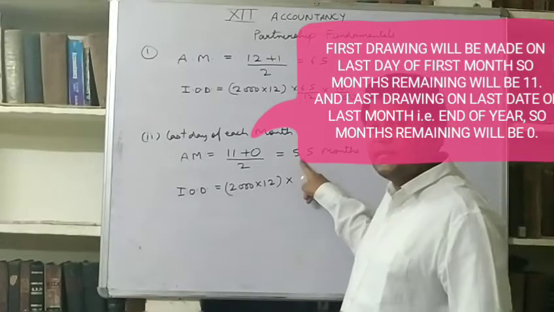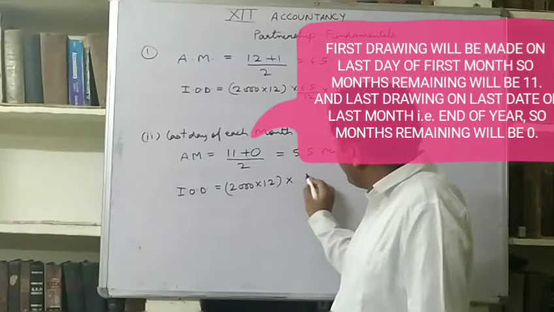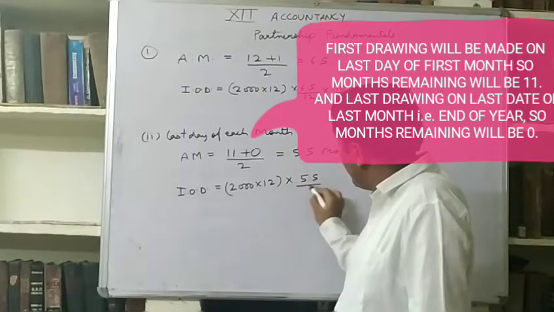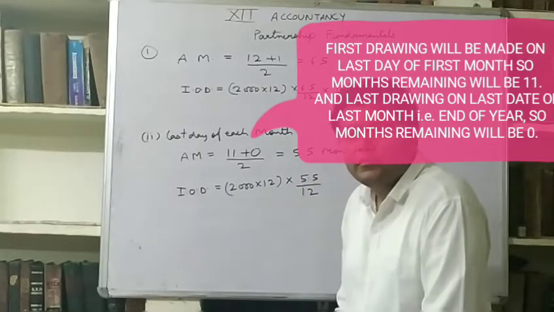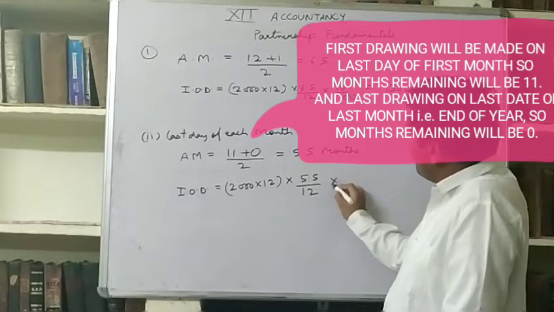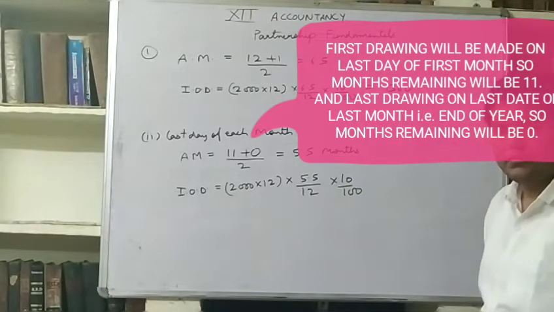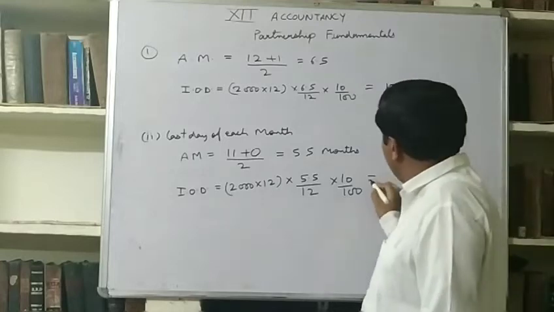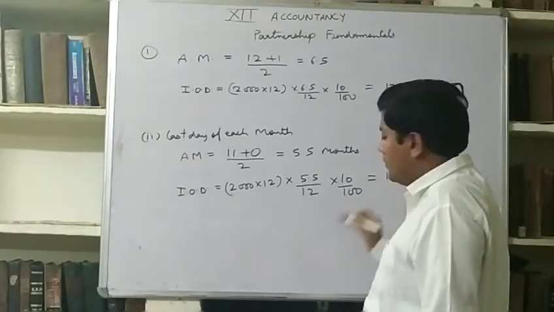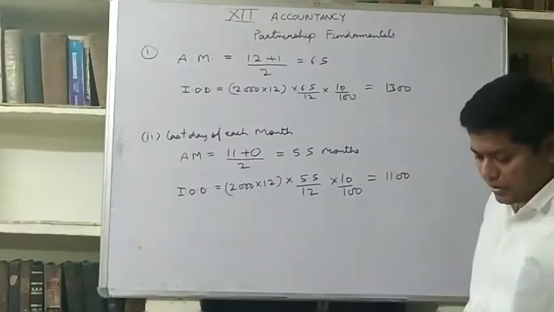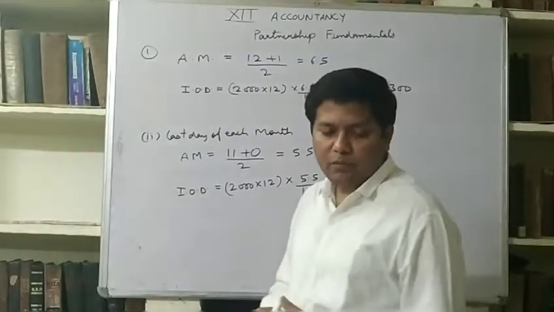Average months in this case is 5.5. So 5.5 upon 12 into 10 upon 100. So it will be 1100. So now you have got the point.